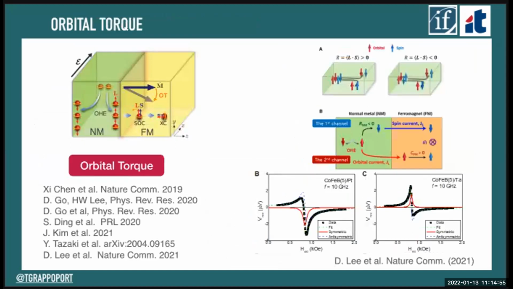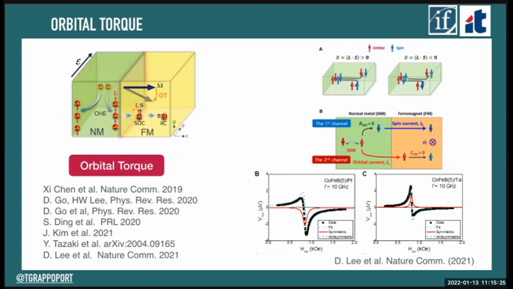Well, there are proposals of using orbital torques to switch magnetization in ferromagnetic layers, which means injecting an orbital current to switch the magnetization in ferromagnetic layers. And even before that, several experiments on spin orbit torque were pointing out that the orbital torque was an important contribution to the total torque.